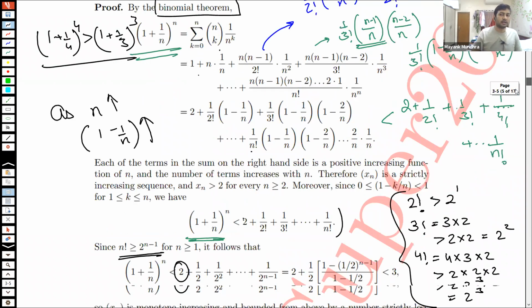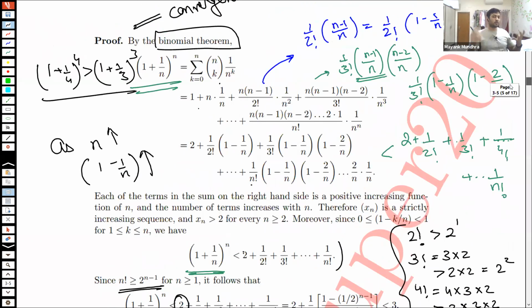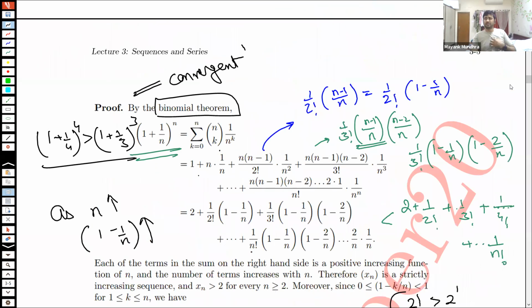In fact, this was like an open question. I think Aristotle or somebody posed this question, and then a long time later, Euler gave the proof that this sequence is convergent, and the limit of this sequence came to be known as E.